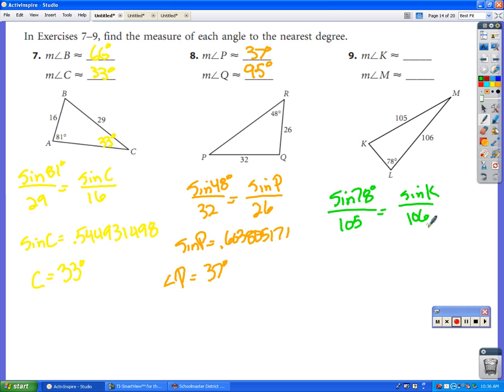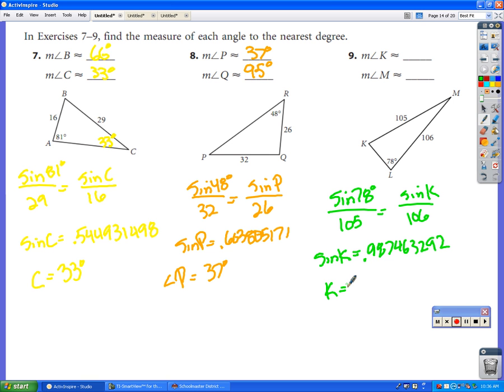So once again, to find out what the sine of that angle is, I have to cross multiply and divide. So 106 times the sine of 78 and then divided by 105 gives me about 0.987463292.